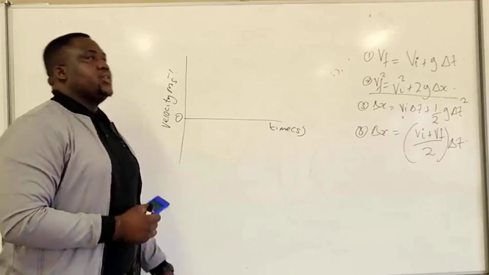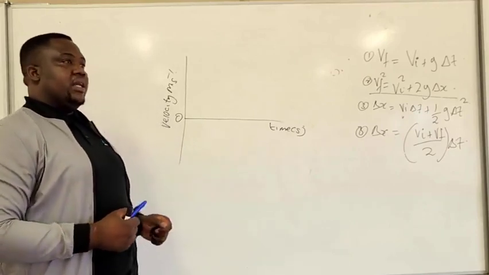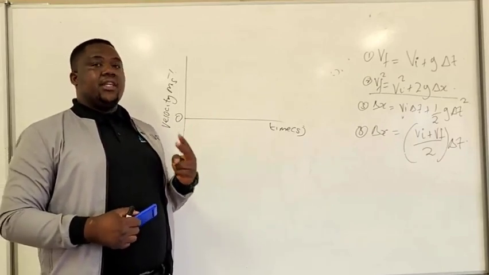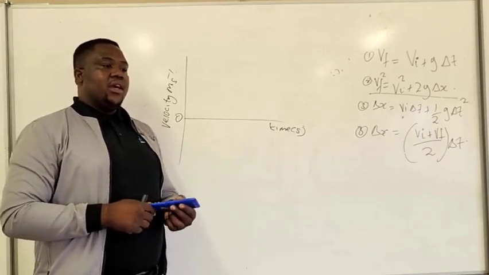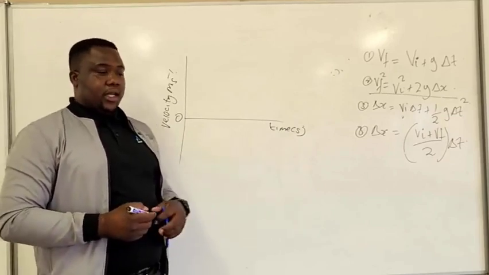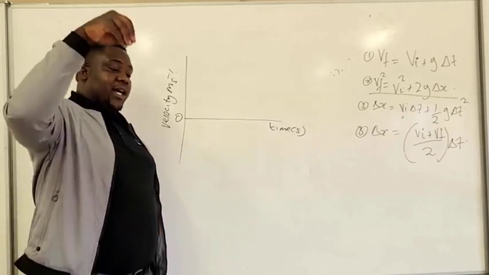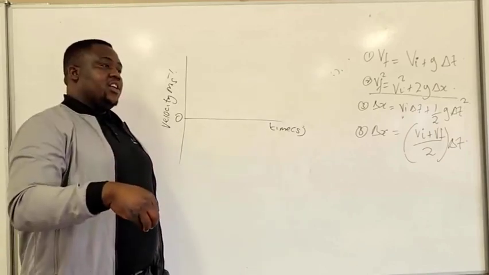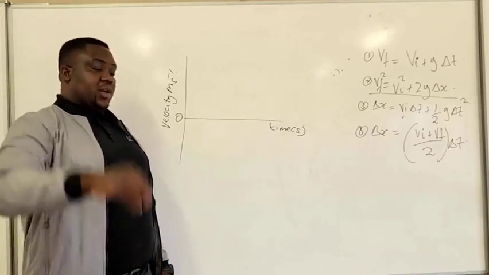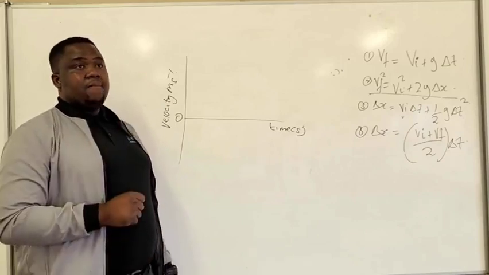Okay, what did I say to you when I was teaching lesson number 3 and lesson number 2? It is about teaching graphs. What did I say? I said that as the object is moving down, the velocity is going to increase.